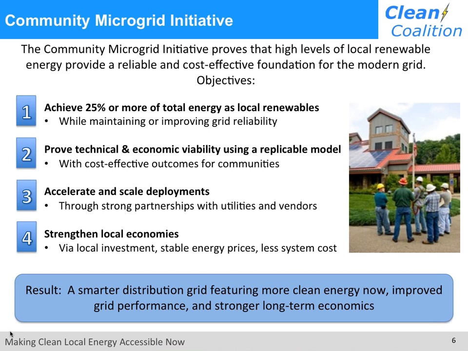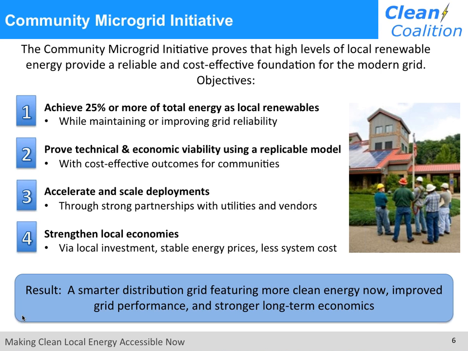So how do we achieve that picture? The Community Microgrid Initiative is an effort that proves that we can reach that distributed integrated grid through high levels of local renewable energy, and that provides a reliable and cost-effective foundation for the modern grid we're working towards. There are four real objectives for community microgrids. Number one is to get to 25% or more of the total energy consumed locally as local renewables, and that is also maintaining or improving the reliability of the local grid.